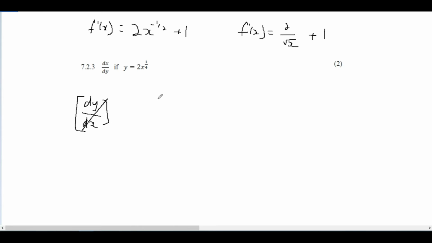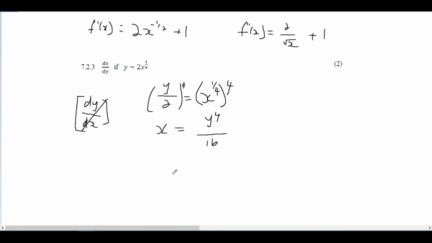Easy, we just make x the subject of the formula. Divide both sides by 2, we're left with y over 2 is equal to x to the power of a quarter, and then we raise each side to the power of 4. Then we're left with x is equal to y to the 4 over 16.